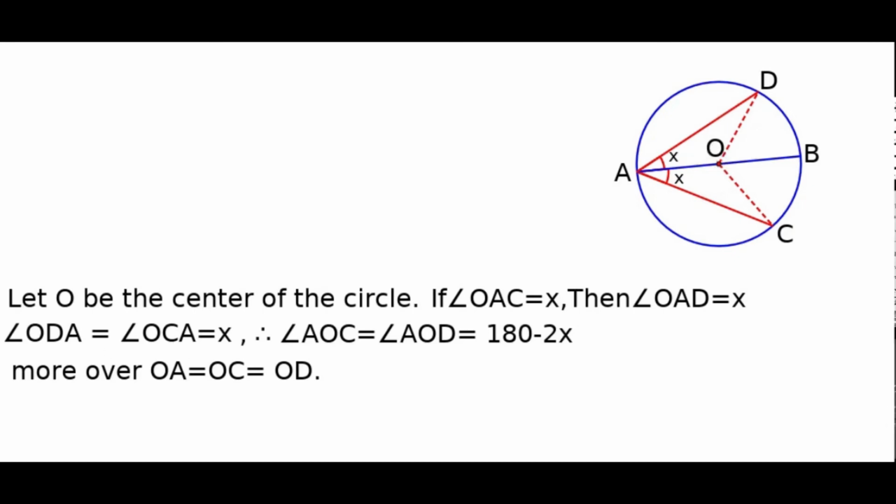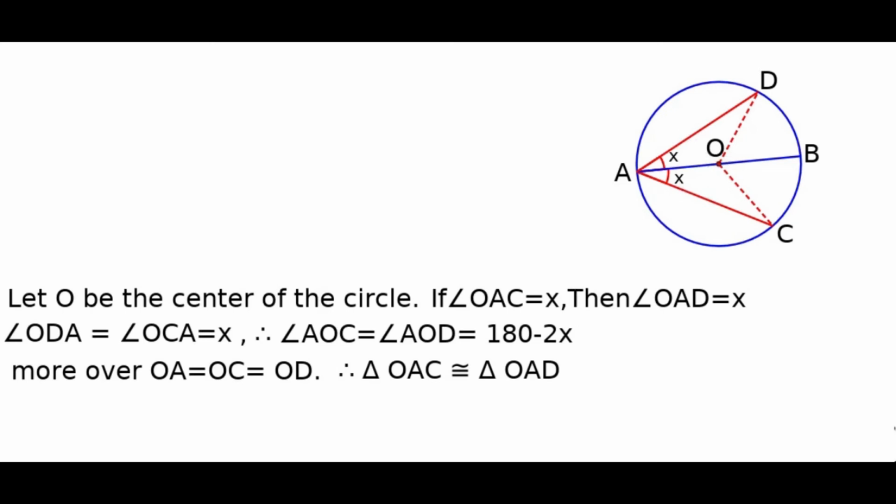In that way, the two triangles are congruent. You know the congruency conditions for two triangles. Therefore the two triangles are congruent, and equal angles have opposite sides equal.